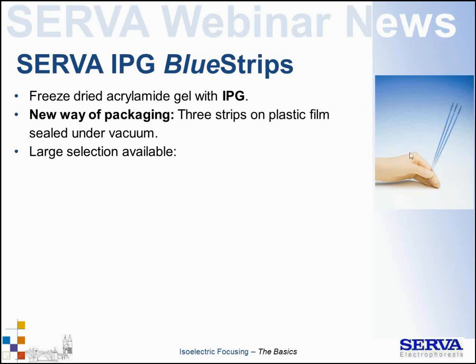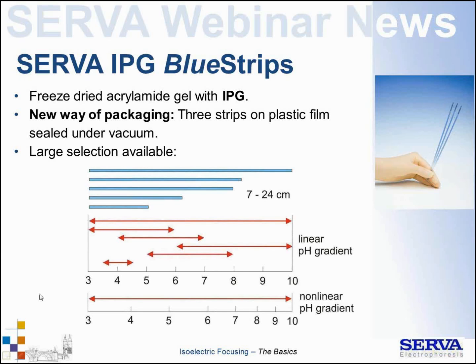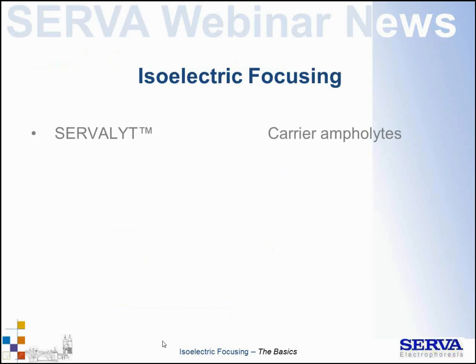Usually each sample is separated in an individual strip, 3 mm wide, 0.5 mm thick. They are all on film support, and the company SERVA is offering 7 to 24 centimeter long strips, a big variety, and also different gradients: linear, non-linear gradients, wide gradients, and short intervals for optimal separations.